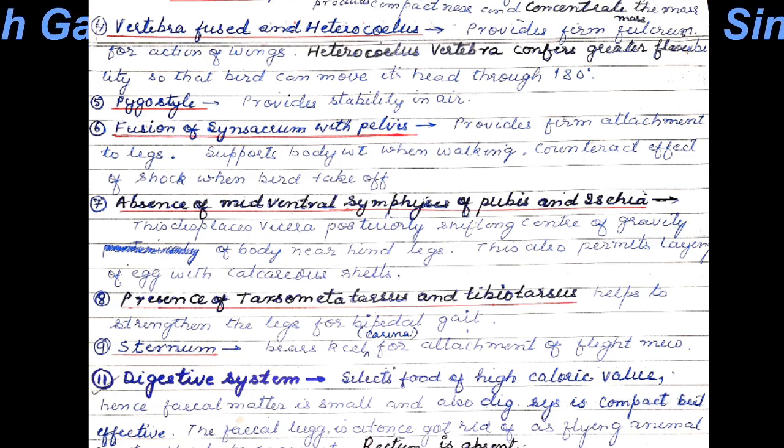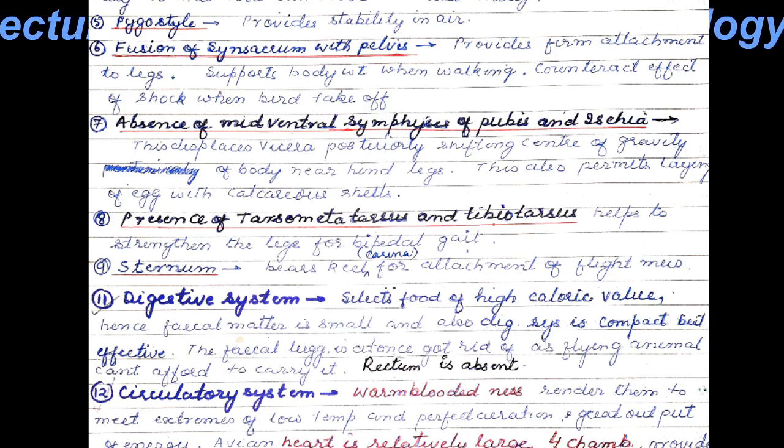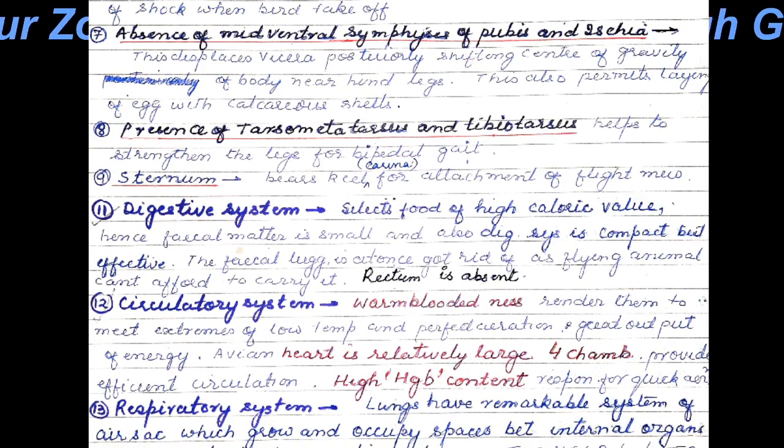Otherwise, it would have become difficult for the birds to lay such big eggs. Presence of tarso-metatarsus and tibiotarsus helps strengthen the legs for bipedal gait or movement. Sternum bears a keel, which is also called carina, for attachment of flight muscles.